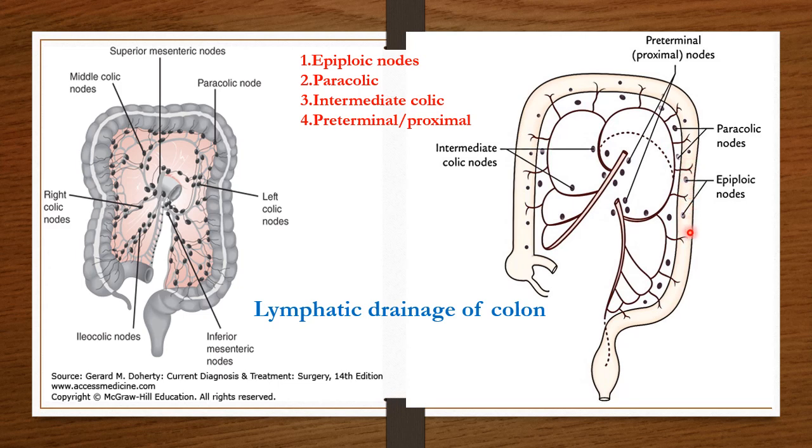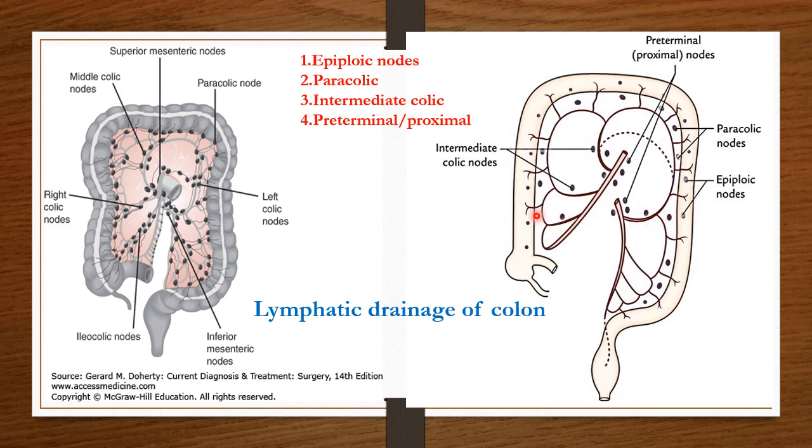The most peripheral of these is very closely related to the colon itself, and these are known as the epiploic nodes, which are found on the surface of the colon. The next tier is known as the paracolic nodes, which are found between the arterial arcades in the mesentery of the colon, both on the right as well as the left.